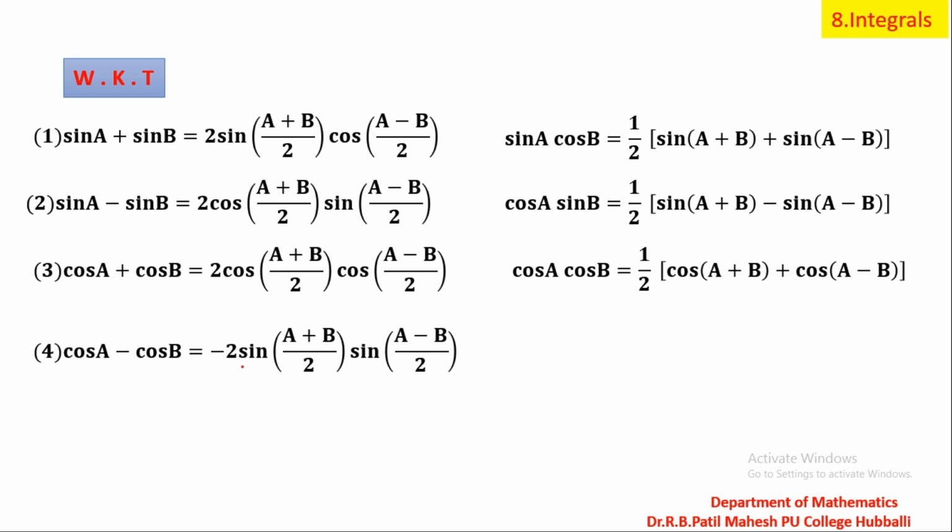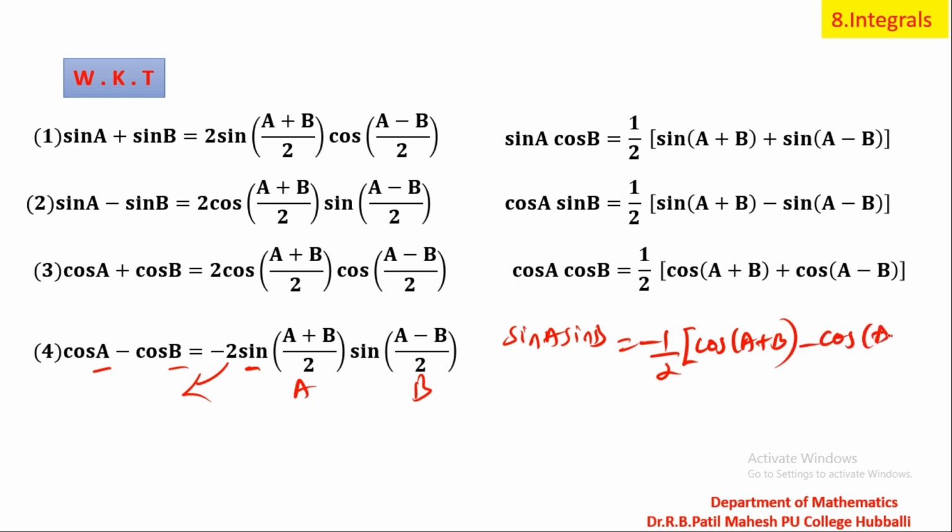Similarly, sin A sin B is equal to, taking minus 2 to the left hand side, minus 1 by 2 square bracket cos as it is, but A plus B minus B is A minus B. Therefore, you will get a formula of sin A sin B is equal to this much.